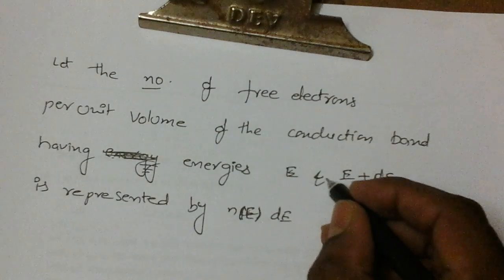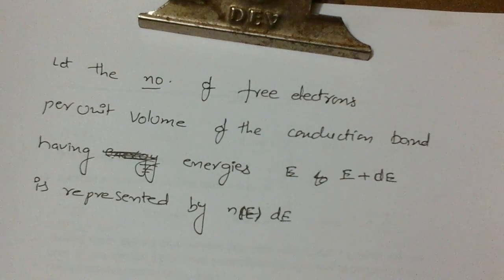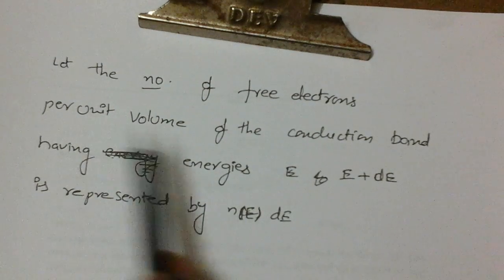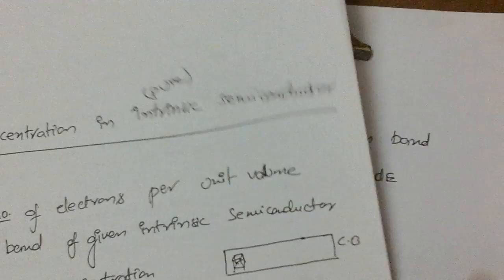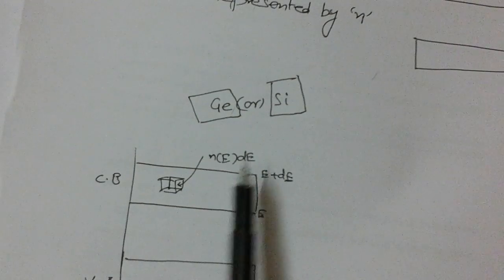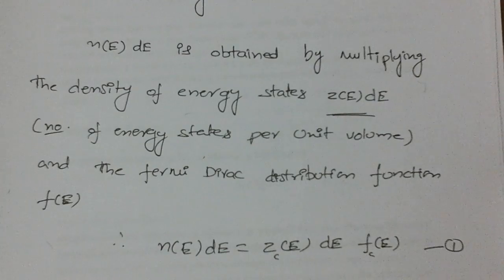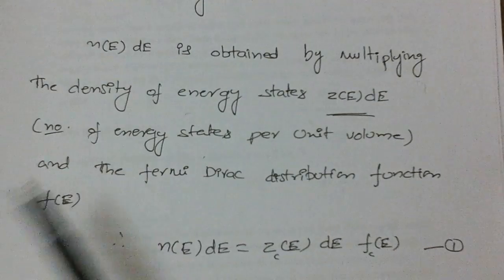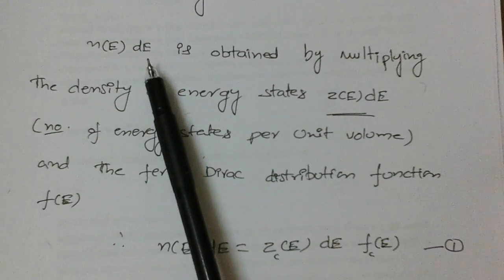Between these two, how many electrons are there in this unit volume? That is represented by n of E dE.